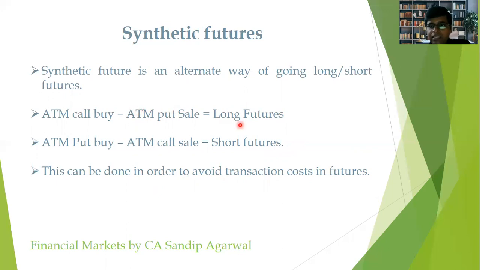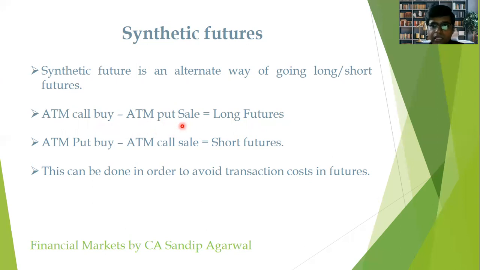And in case somebody wants to go long or short in futures, then whatever is the MTM, that is the movement in the Nifty futures at the end of the day, whether positive or negative, has to be settled on a daily basis. So in case the position goes against the person, and at the end of the day the MTM is negative 50,000 rupees, then before the close of the trading day, the person has to fund his account by 50,000 rupees, which is not the case when doing this option trade.